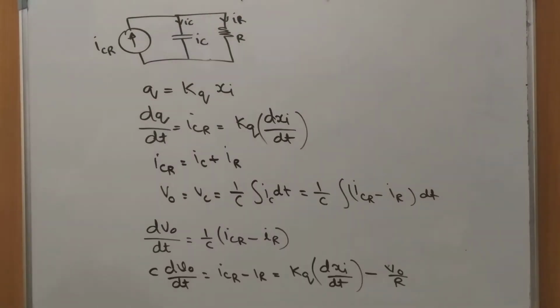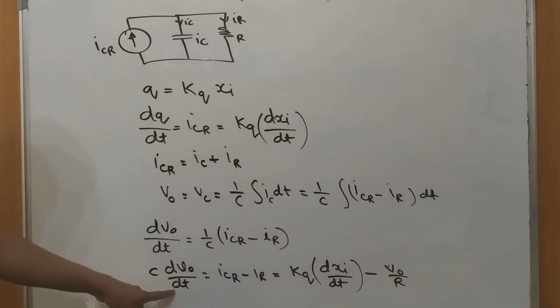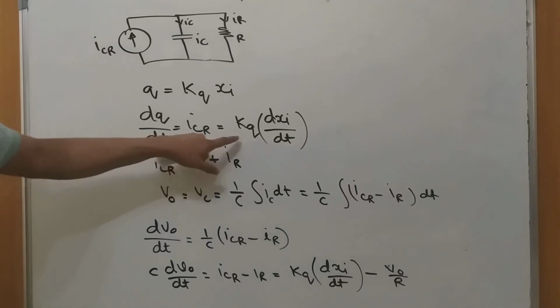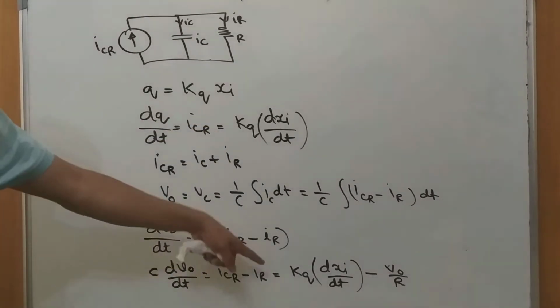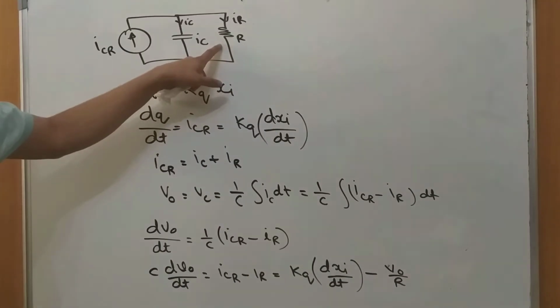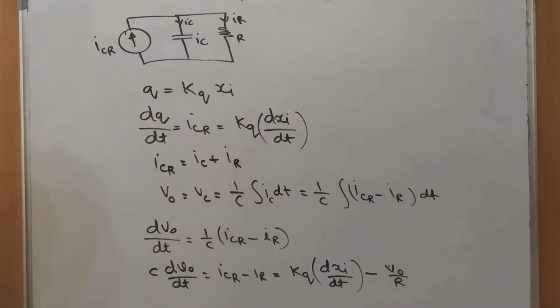If you rearrange the equation and move C to this side, we get C dV0 by dt is equal to ICR minus IR. As you know, ICR from the previous equation is KQ into dXi by dt, minus IR, the current through the resistance, which is the output voltage V0 divided by R.